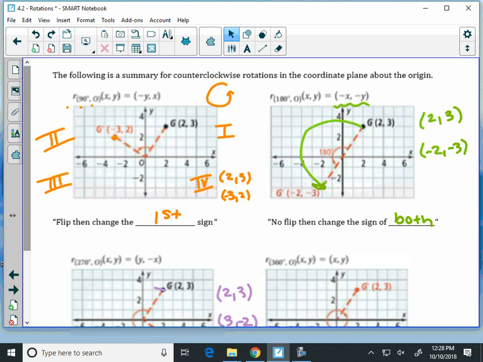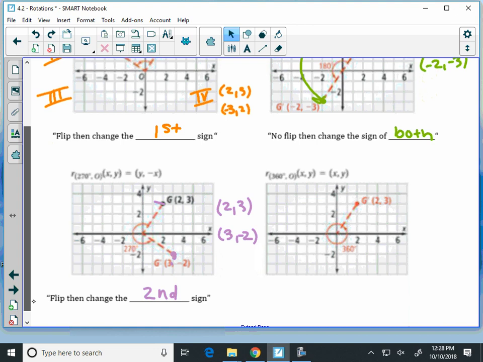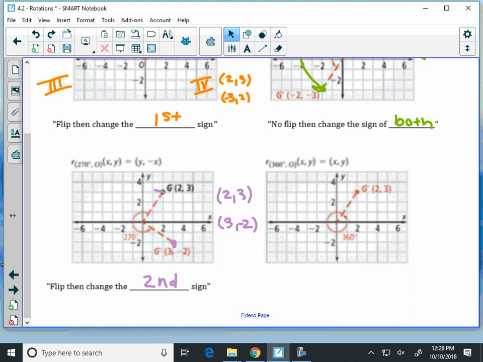So you change the sign of the first. Okay? 270 starts with a 2. 270 has a 2 in it. So you change the sign of the second. Okay? And then 180, you don't flip anything, you just change the sign of both. Okay? Questions over that?